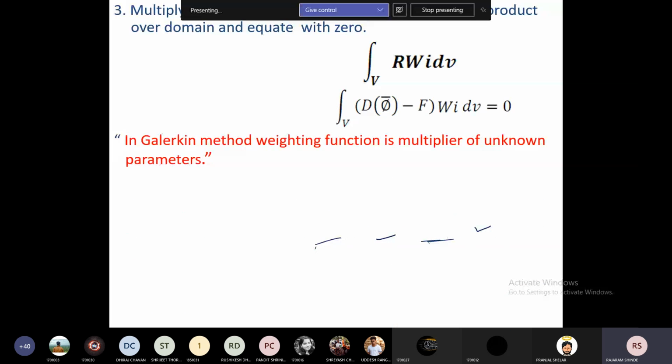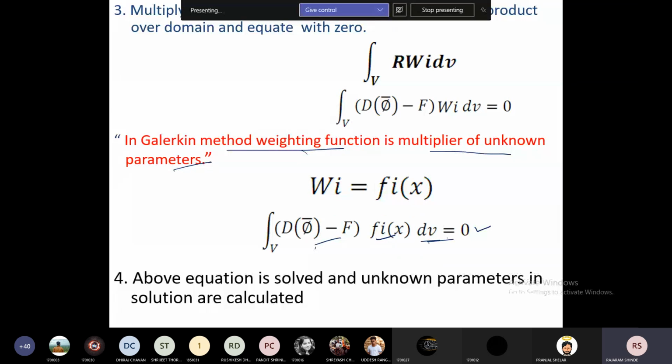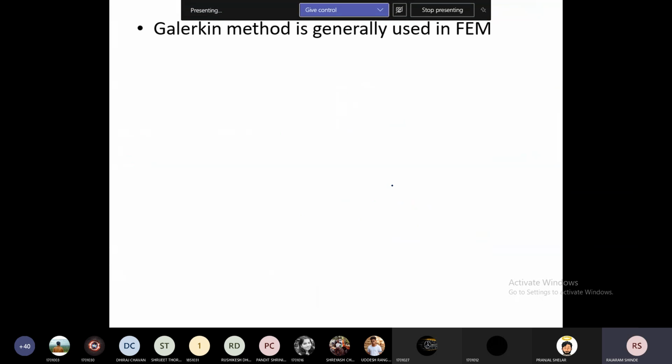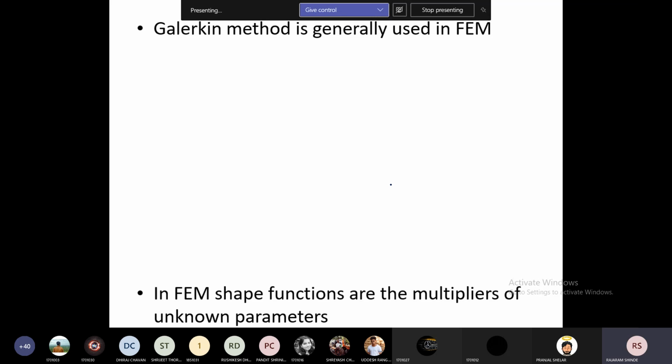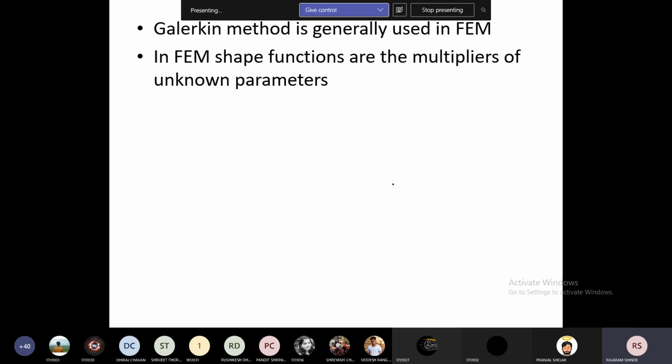Now you have to remember this weighting function is a multiplier of unknown parameters, that is wi is equal to fi. And in the finite element method, we have shape functions as multipliers. The Galerkin method is generally used in finite element formulation because in FEM shape functions are multipliers of unknown parameters, and shape functions are used as the weighting function.